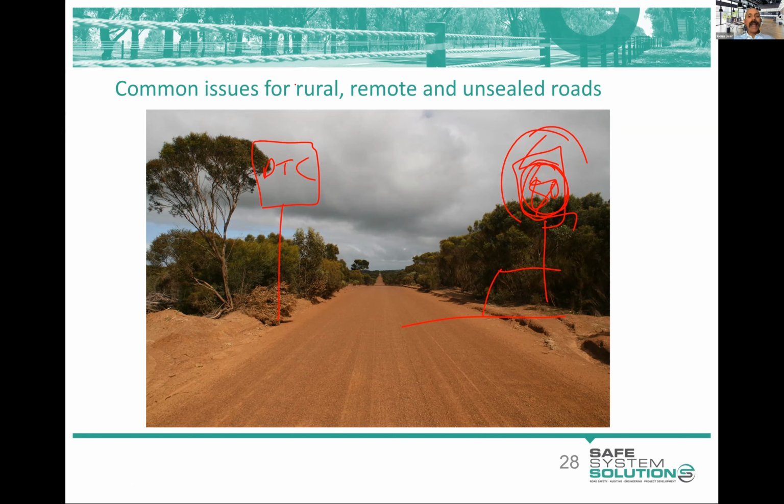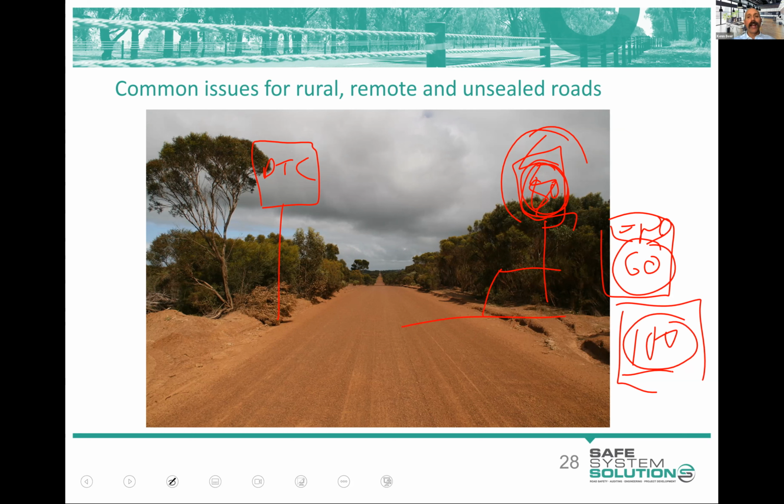And then you'll see a lot of those end 60 signs or something like that with a black circle. And the idea there is that you're not actually saying 100. You're trying to say to the drivers, that's the end of that zone, and now just drive to the conditions.